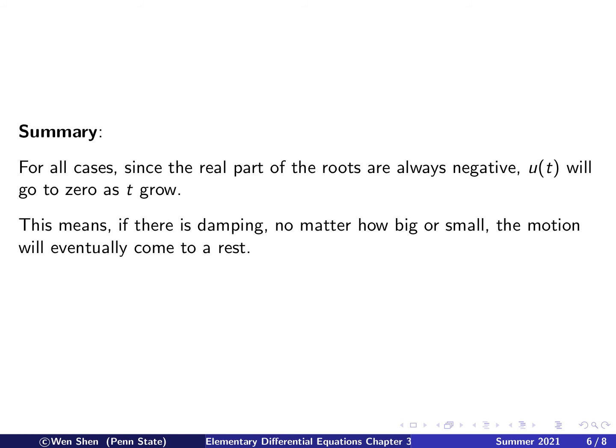So this means that if there is damping, remember at the beginning we assumed gamma to be non-zero, so it's strictly bigger than 0, if damping exists, no matter how big or small, in the end the motion will eventually come to a rest.